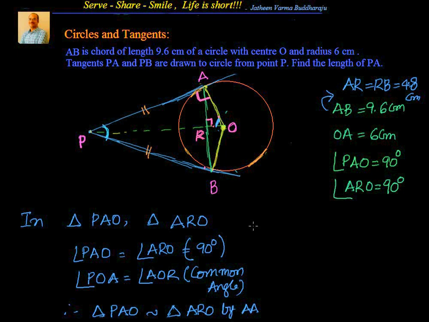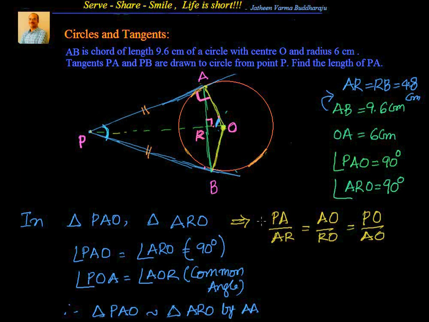Once they are similar to each other by AA similarity, we can just write down the corresponding sides. From here I can get it. I'll write down PA divided by AR is equal to AO divided by RO, that's equal to PO divided by AO.